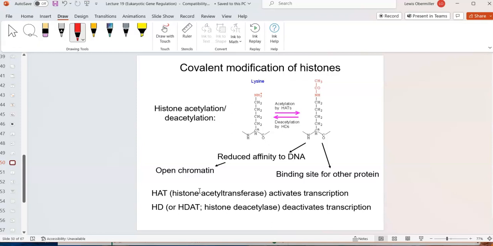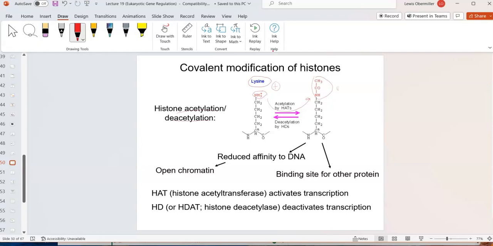All right. So here's some modifications of histones. So we can acetylate and deacetylate histones. So here's the lysine residues on the histones. It's positively charged. So if we acetylate this, then that positive charge goes away. So when they're deacetylated, they're positively charged.